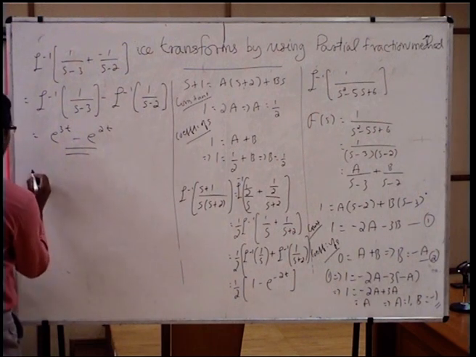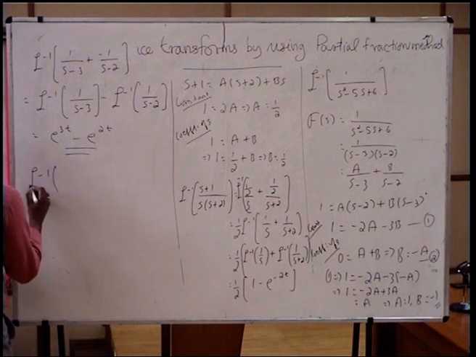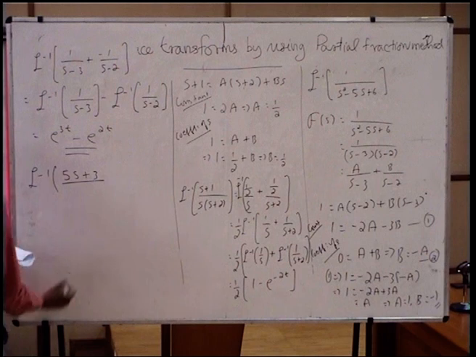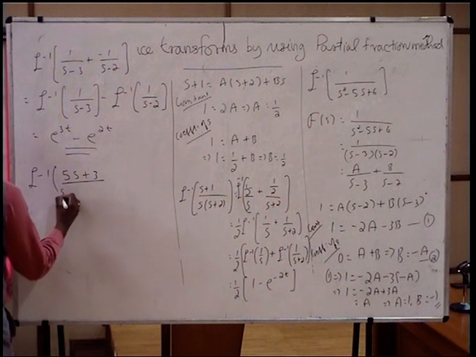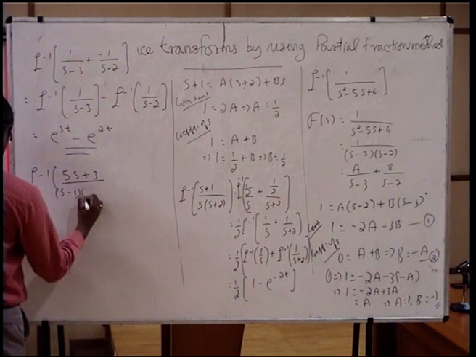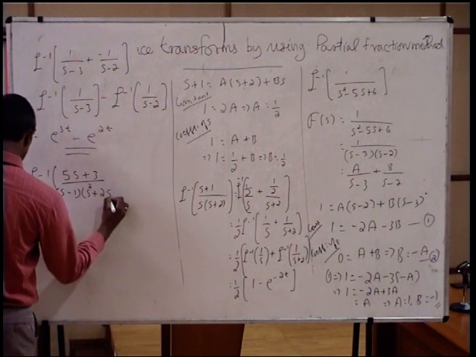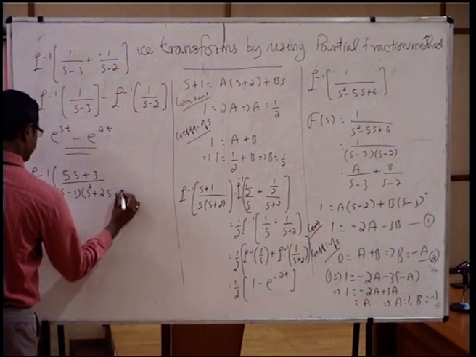Find L inverse of 5s plus 3 divided by s minus 1 into s square plus 2s plus 5.